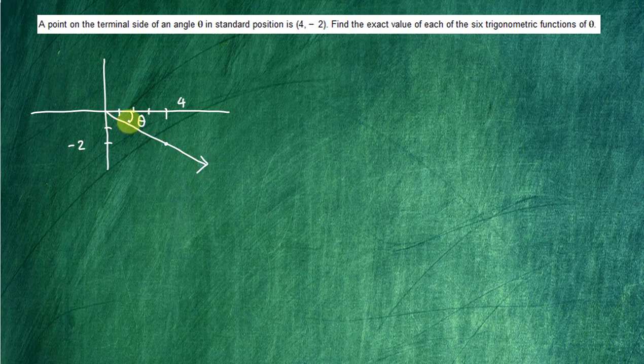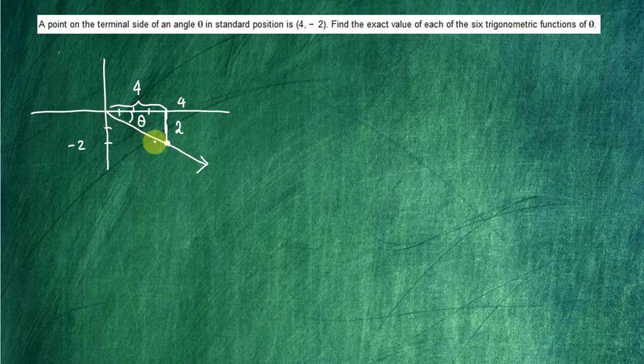Now, how do I find the exact value of the 6 trigonometric functions of theta? The way we do that is we can make the triangle at this point, because this is the point that we are given, (4, -2). So the height right here is 2 units, and the length of the base is 4 units.